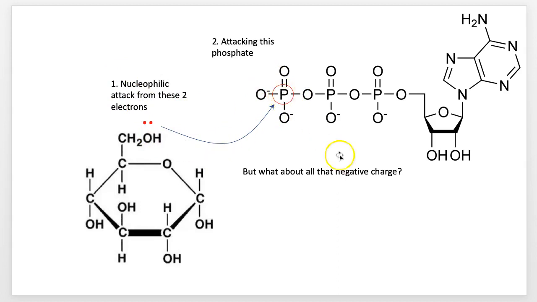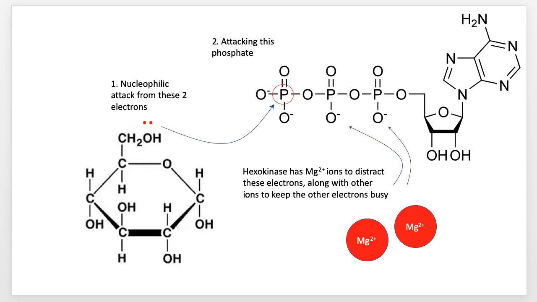The problem is there's a ton of negative charge here, okay? So the activation energy for this is a big ask, okay? So it's a big hump to get over. So what we're going to do is we're going to use hexokinase, okay? And hexokinase within its active site, and when we talk about enzymes, we're going to actually talk about the structure of enzymes and what they look like.